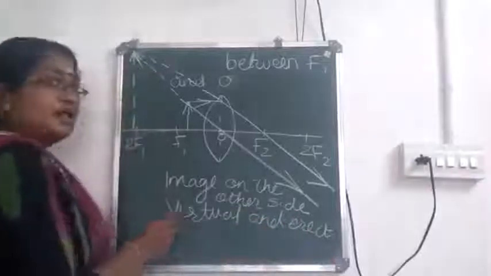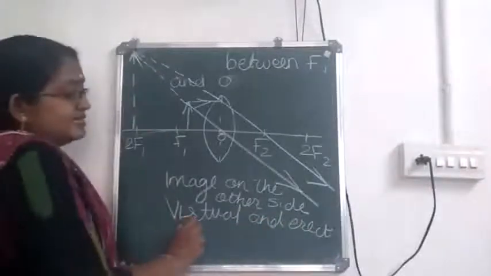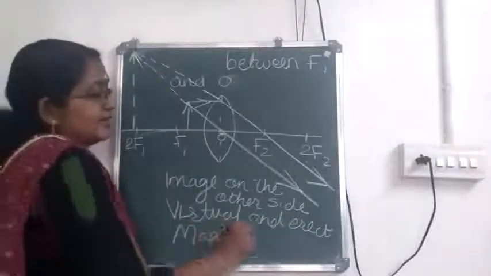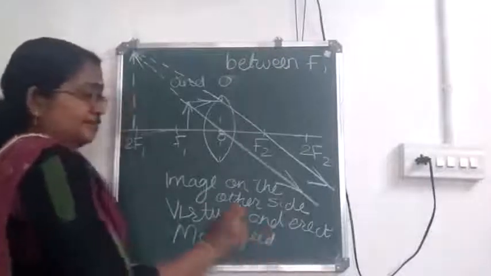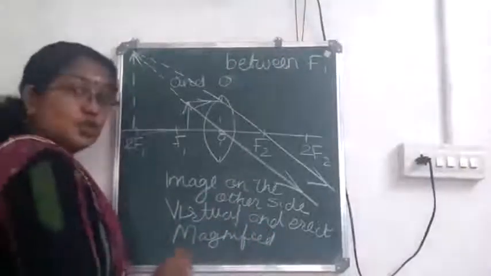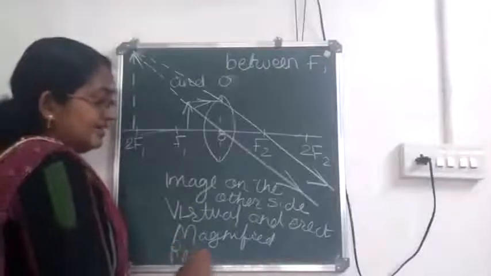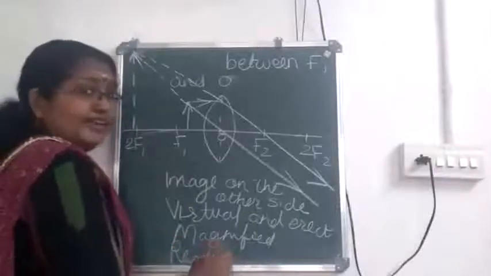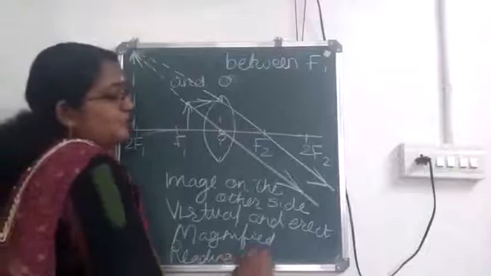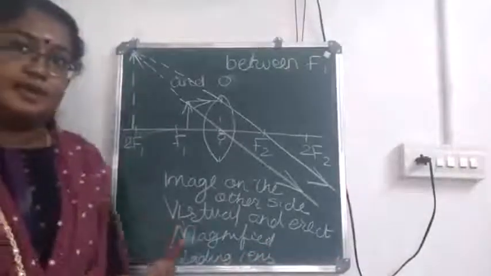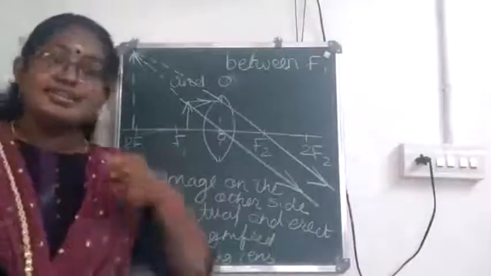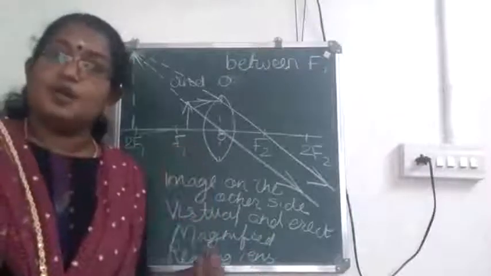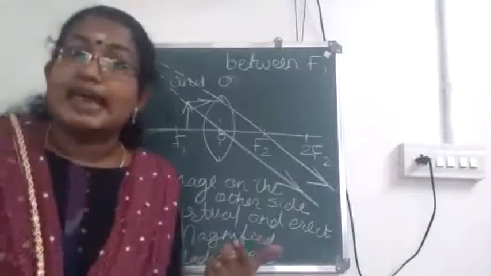And the next one is, what about the size? It is magnified. And this is used in a reading lens, reading glass, or a simple microscope. So here you are getting an erect image. This is the only case for a convex lens where we get an erect image.